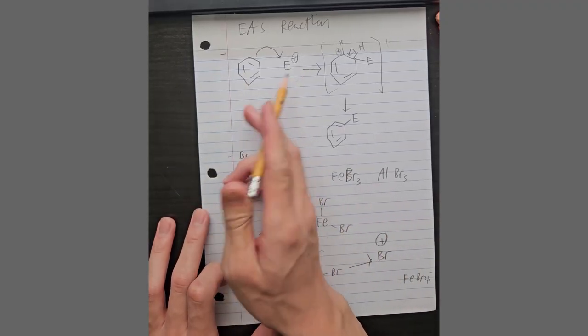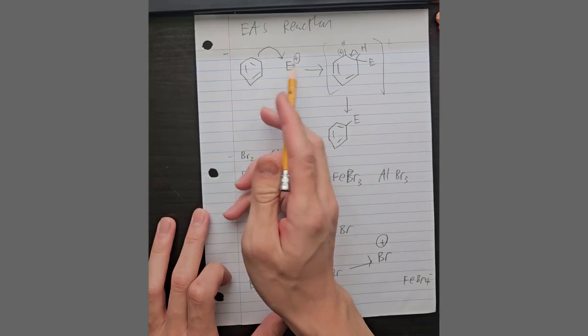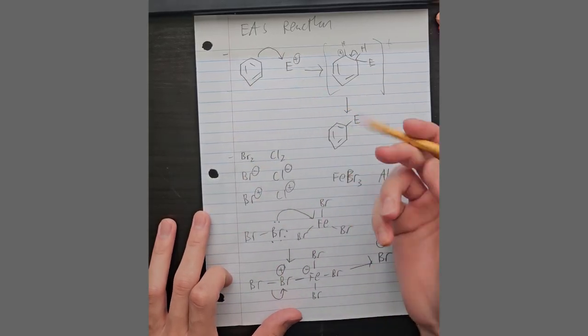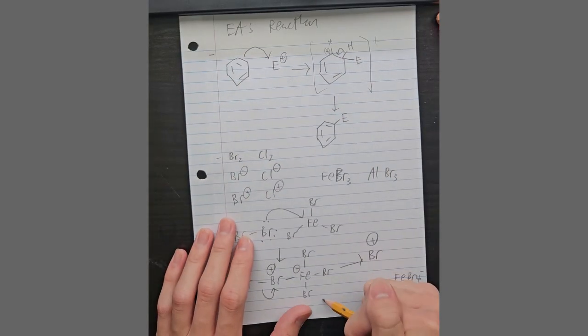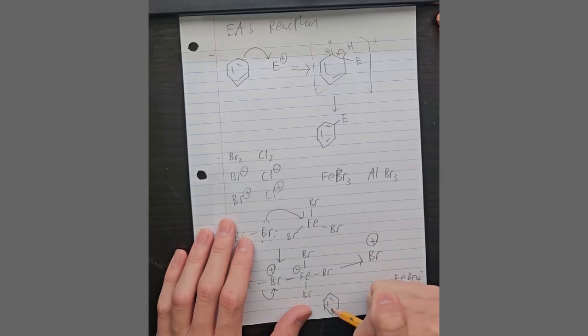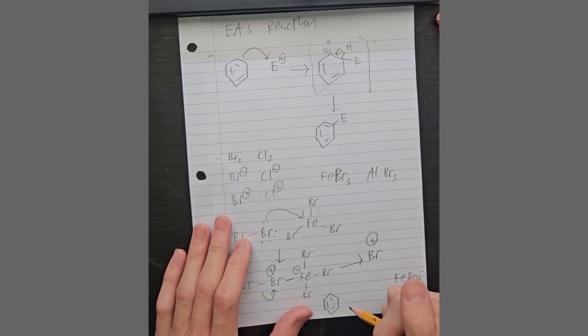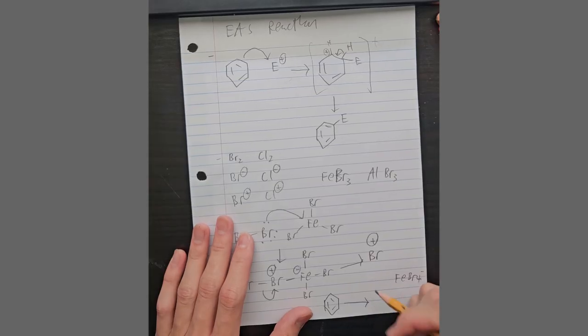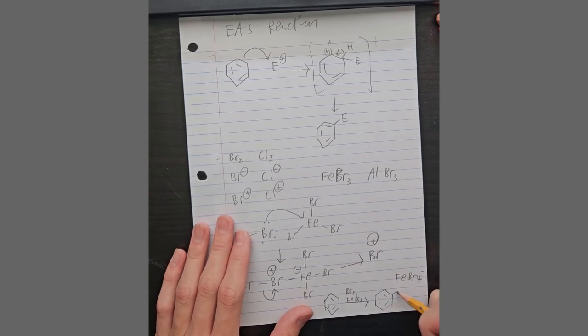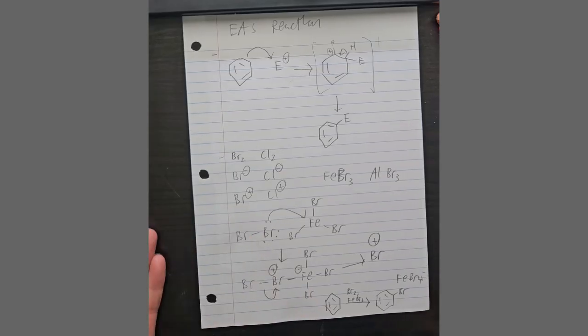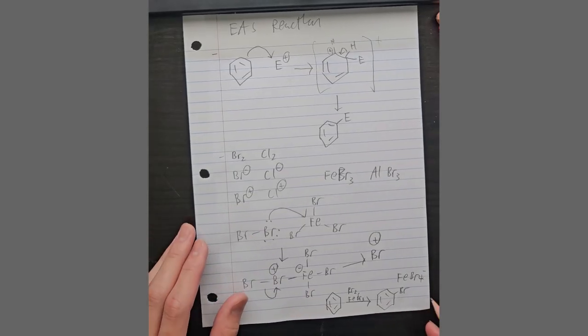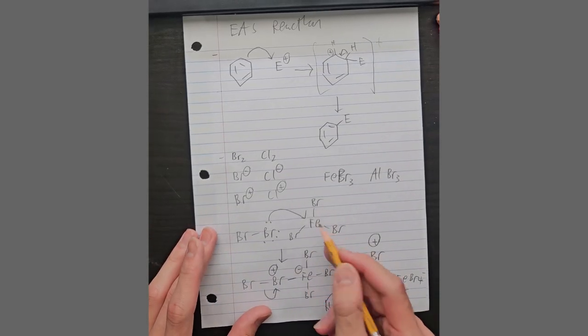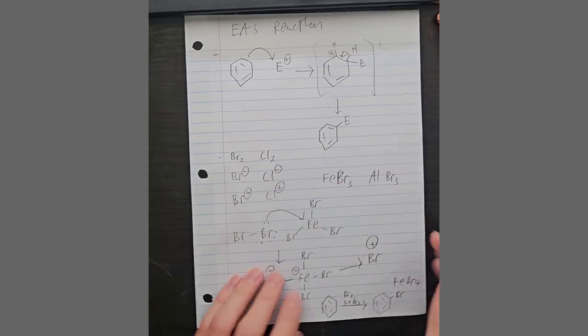So it's basically just going to work exactly like this, going from this to this. And reminder, this also works with chlorine, just instead of bromine and all of these, it's just going to be chlorine.